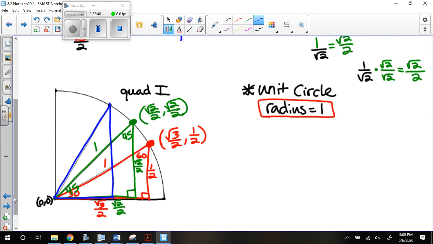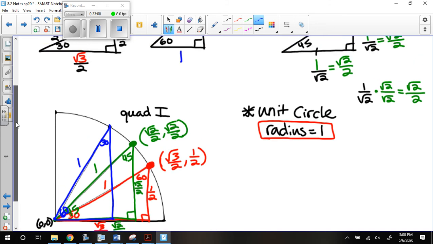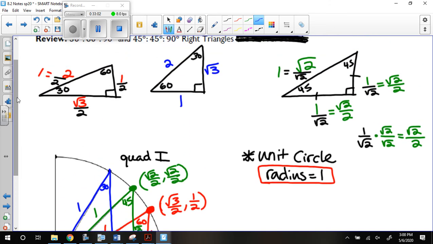There would be a 60-degree angle here, 30 would be up top here. So I still need my radius to be a 1, which means I need to go up here. It currently says 2, so if I divide by 2, that turns it into a 1. So I'm going to divide by 2 and divide by 2.